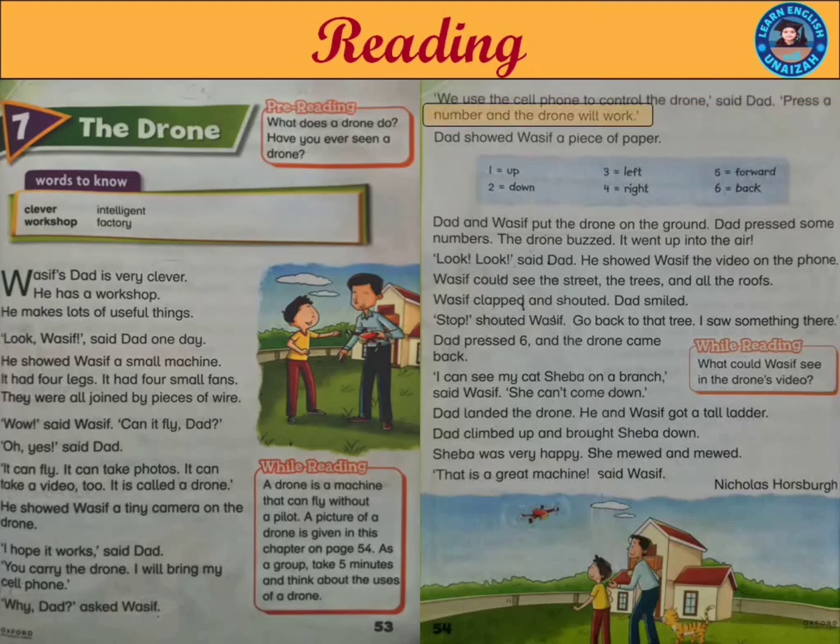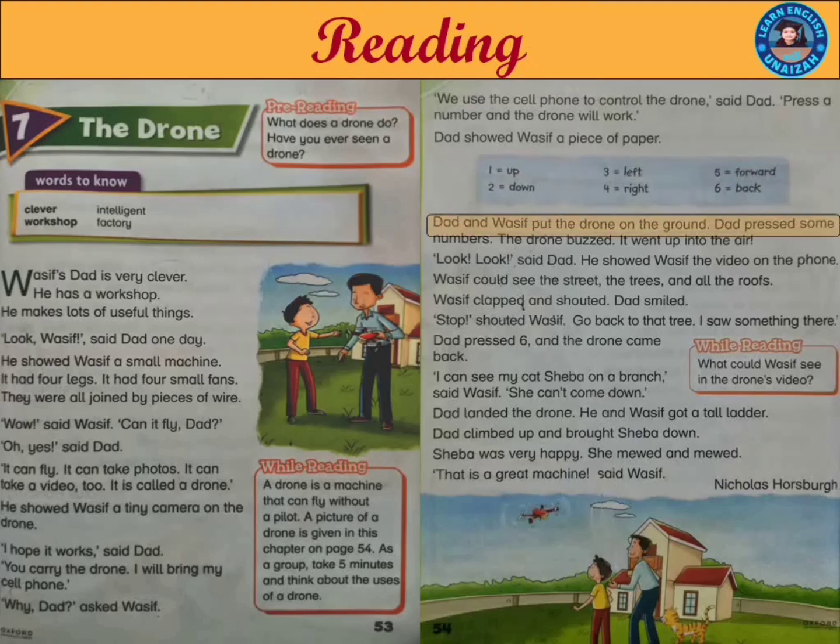Press a number and the drone will work. Dad showed Wasif a piece of paper. 1 up, 2 down, 3 left, 4 right, 5 forward, 6 back.